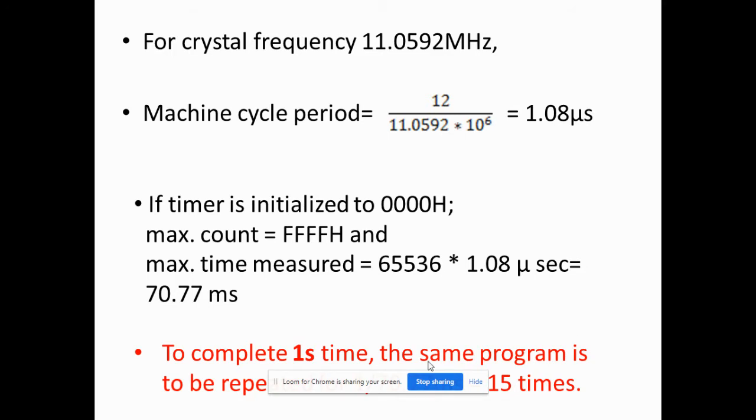So it comes around 70.77 milliseconds only, and we require to generate a time delay of 1 second. So we need to execute this delay program so many times so that we can get the time period of 1 second. So here the count is 15 times we need to execute the same delay program.